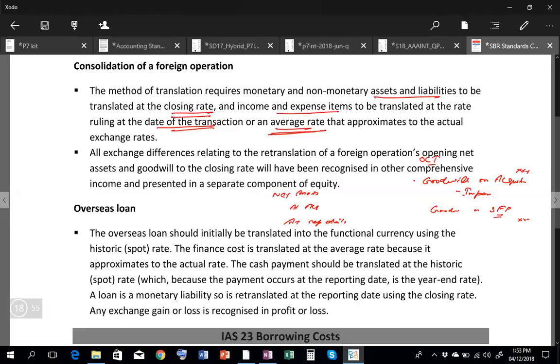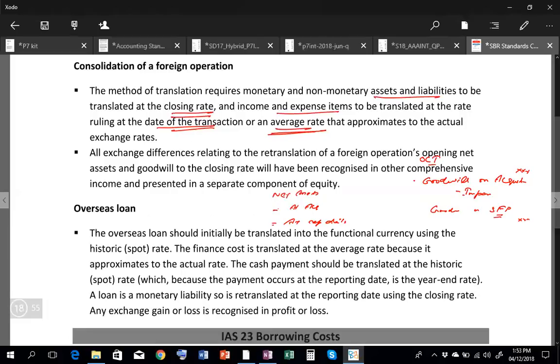Similarly, when you calculated the net assets at acquisition and then the net assets at reporting date, again there will be a difference, because at acquisition you are using the acquisition rates, and now at the reporting date you are using the balance sheet rates. So there will be a difference that goes to other comprehensive income.